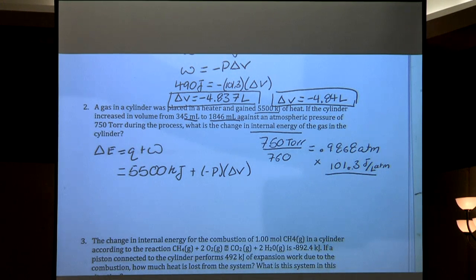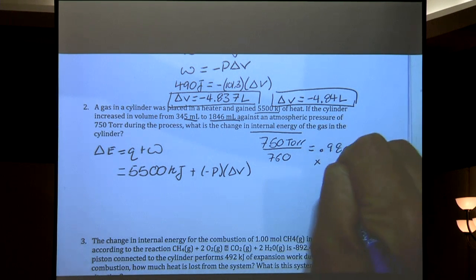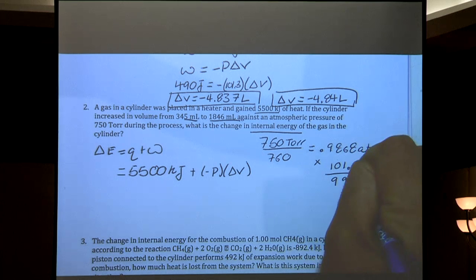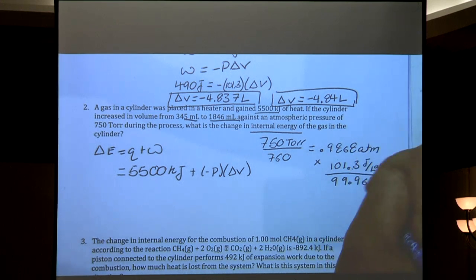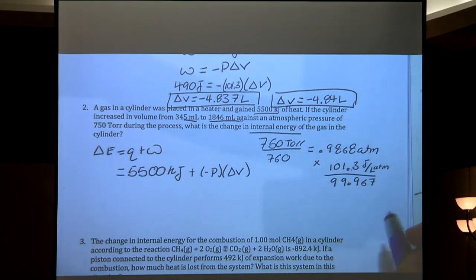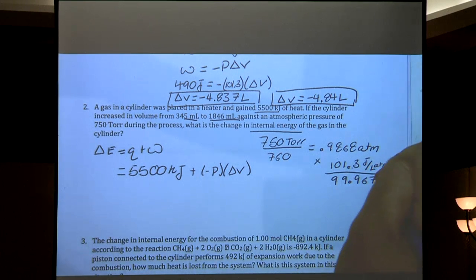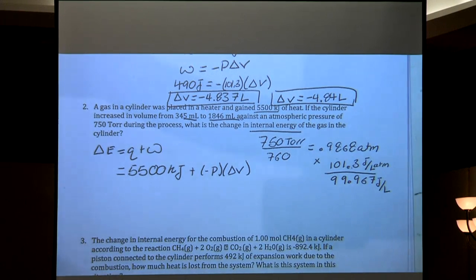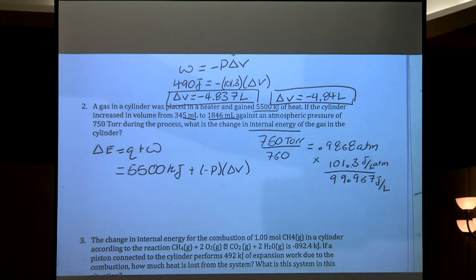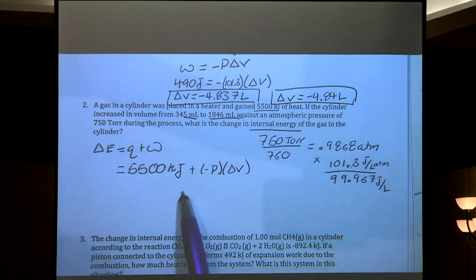Times 101.3, we're going to get 99.967 joules per liter. Okay? So now we're going to use negative P delta V.